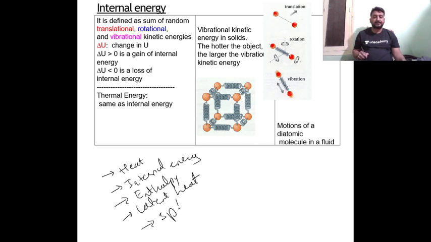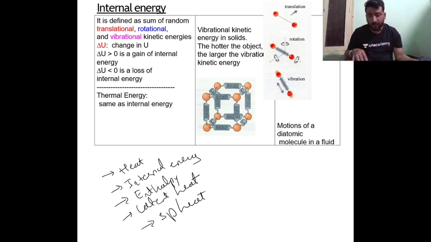All these five are a little confusing. What is heat, what is internal energy, what is enthalpy, what is latent heat, what is specific heat? It looks like heat, and heat again and again. So I am clarifying the things over here.